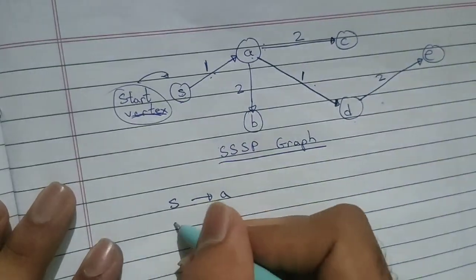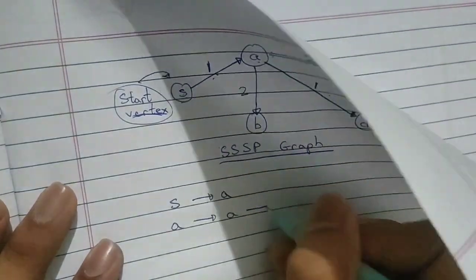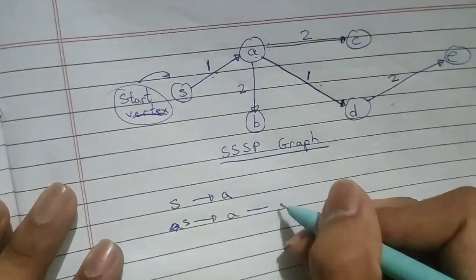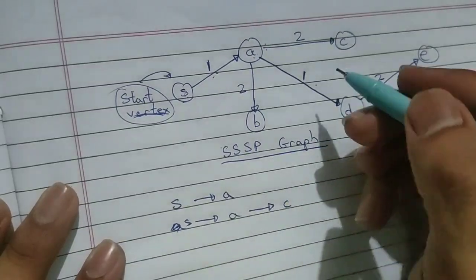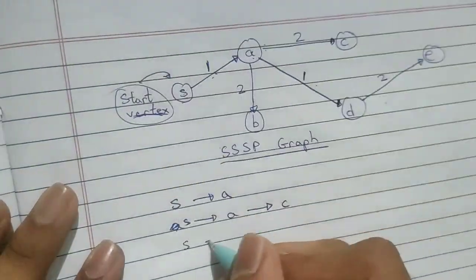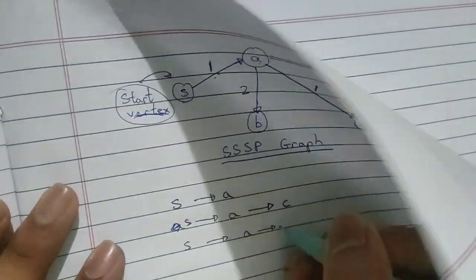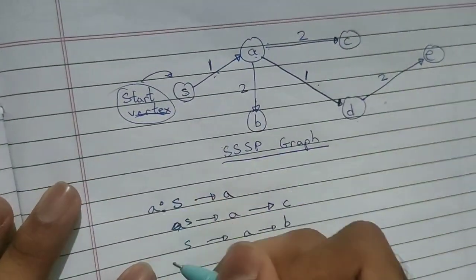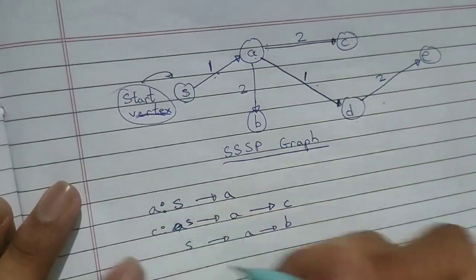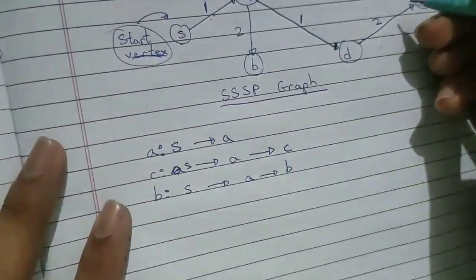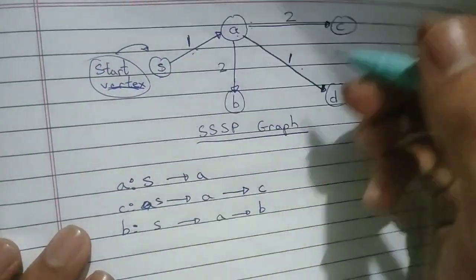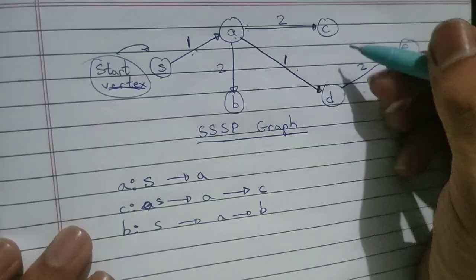Basically, if you want to go to A, then S to A. Then if you want to go to C, it is S to A to C. Then if you want to go to B, it is S to A to B. This is for A, this is for C, this is for B.